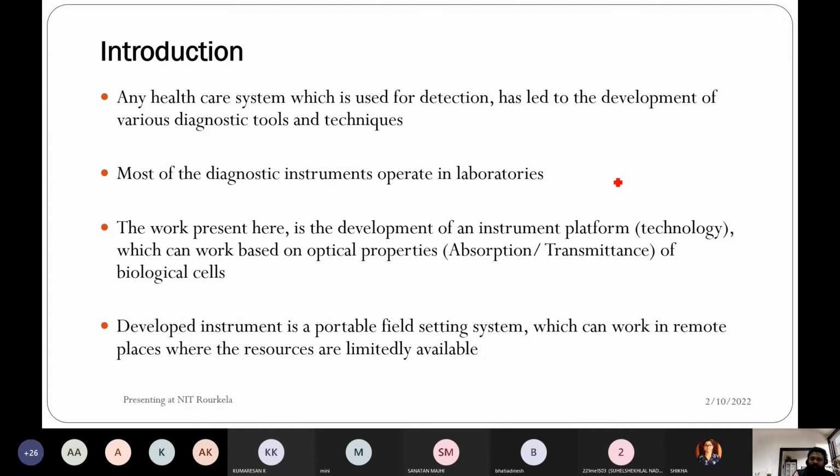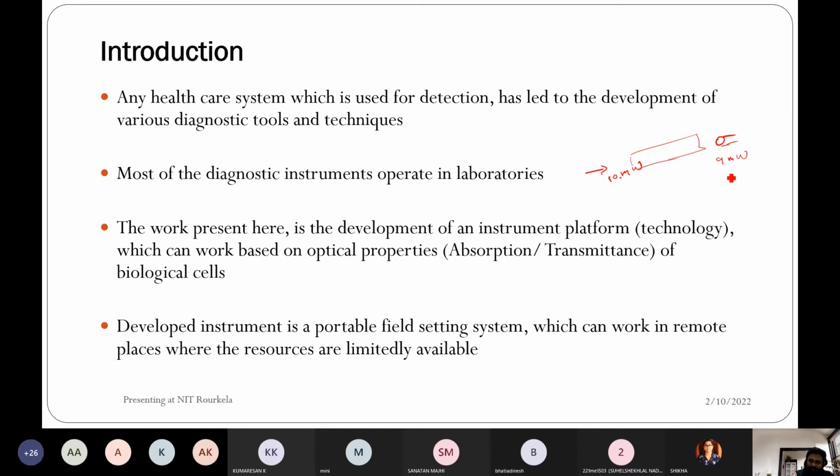Suppose my light source is 10 milliwatt, and at the detector I am measuring 9 milliwatt. I'm talking in a general perspective; you can consider microwatts and so on. The loss here may be due to the path length, sample absorption and other things.